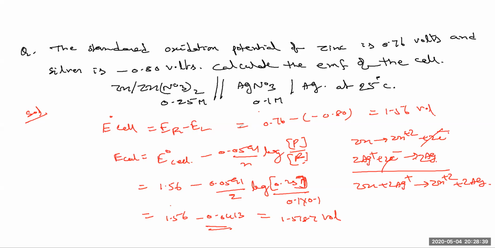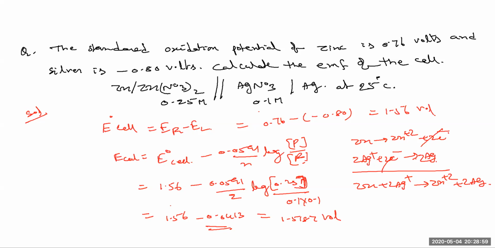Okay, students. Today this was electrochemistry, the Nernst equation and applications. Some applications are there, next: how to find the pH value, solubility product and equilibrium constant.